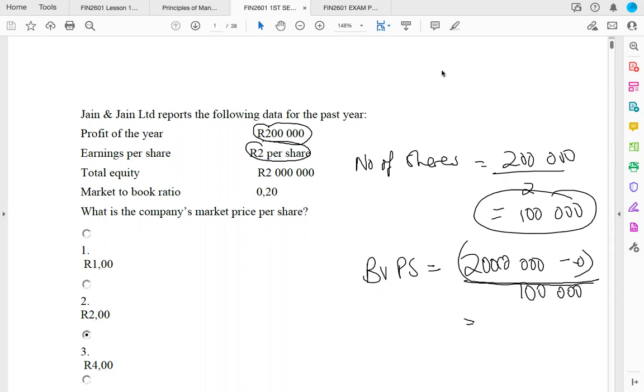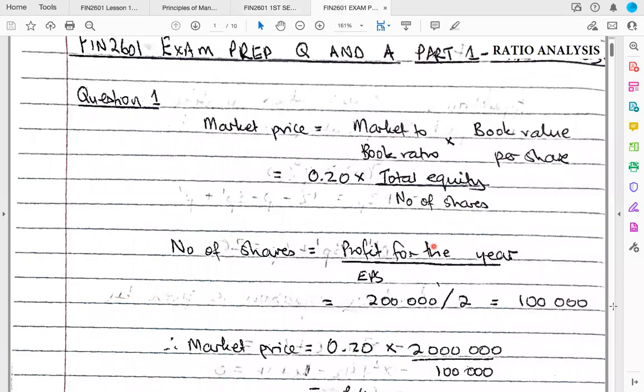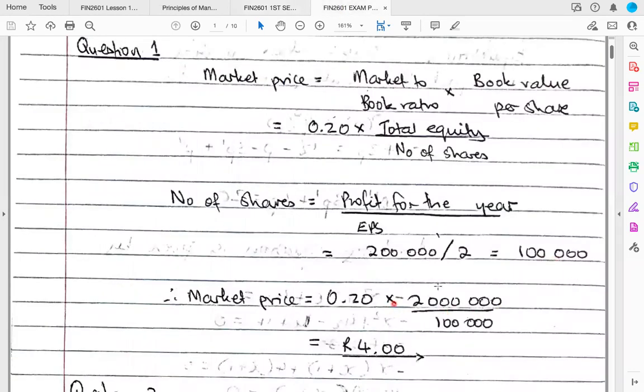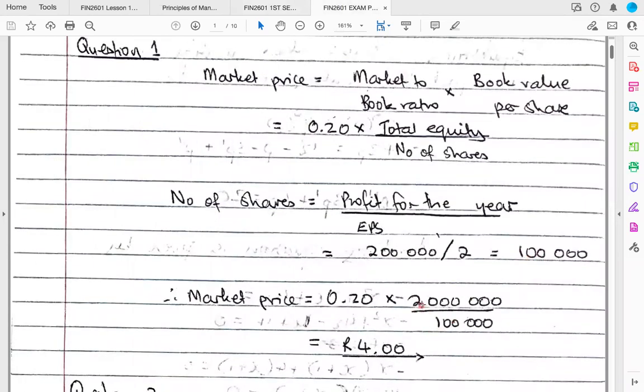If we do that calculation, we get the number of shares, which is 100,000. Then we can say 2 million divided by the 100,000 shares. Sorry, I'll just correct that.